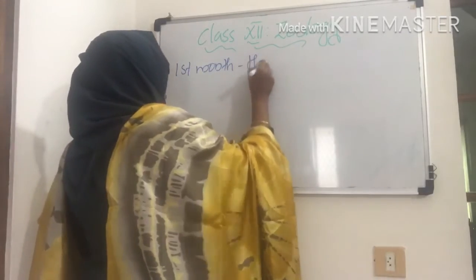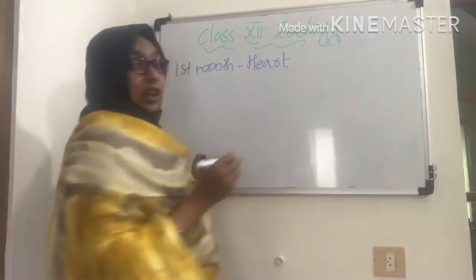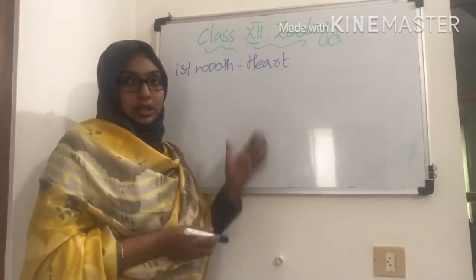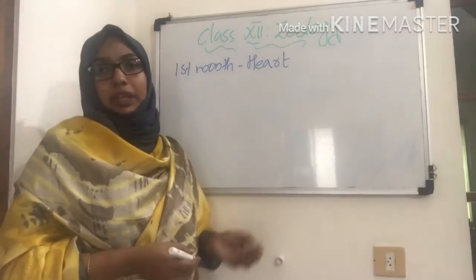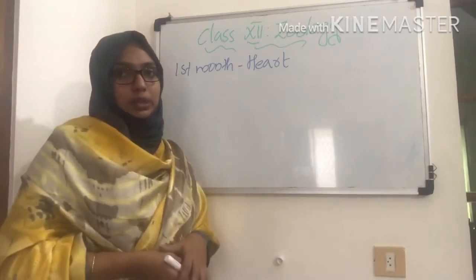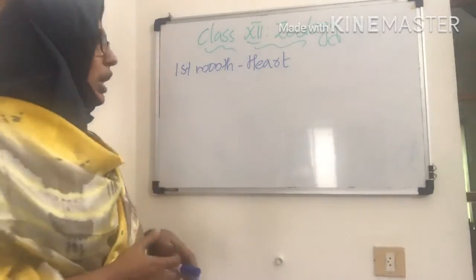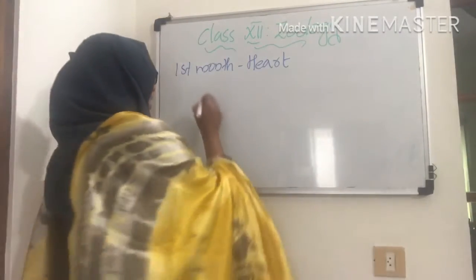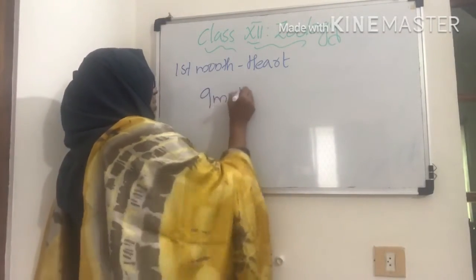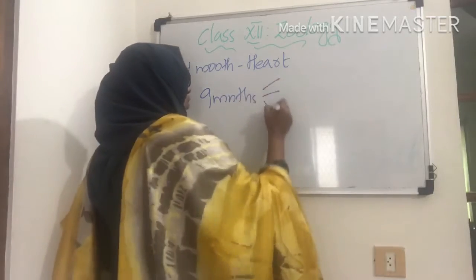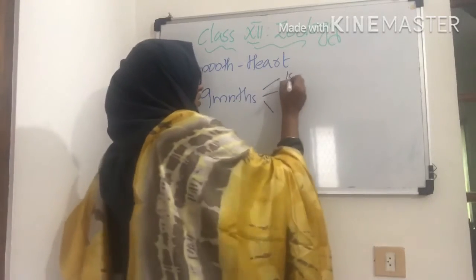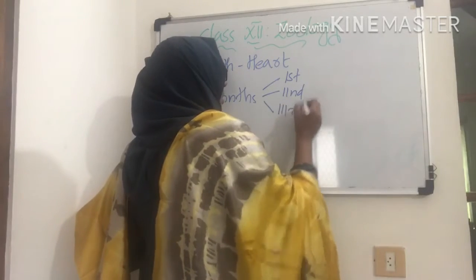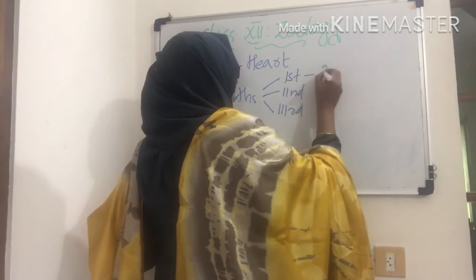The growth of the fetus can be detected by hearing the heartbeat using instruments such as a stethoscope by the doctors. I hope you know that the whole 9 months of gestation is categorized into 3 trimesters, right? First trimester, second trimester and third trimester, which include the first 3 months.